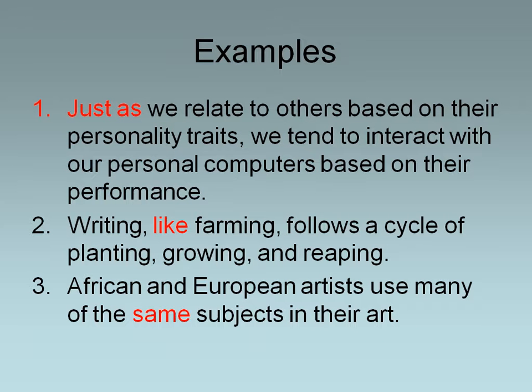Now read the following examples and notice the words in bold red type. Each of the sentences has 2 topics that are similar in some way. The similarity is the author's main point.